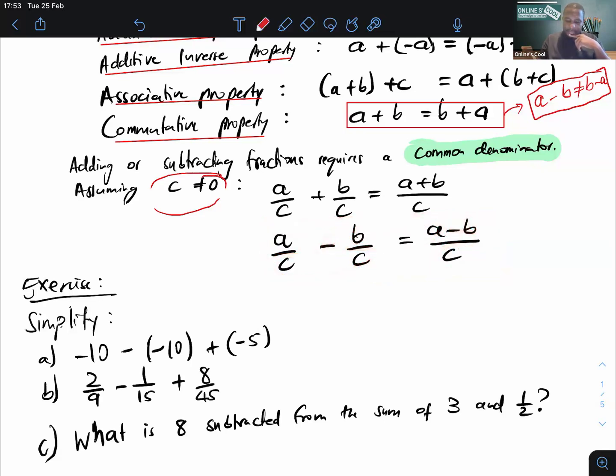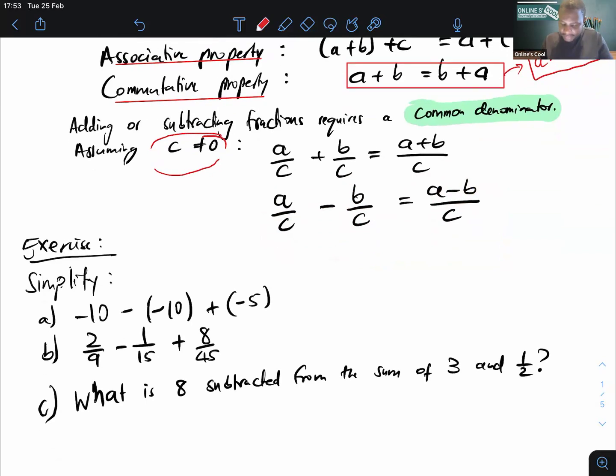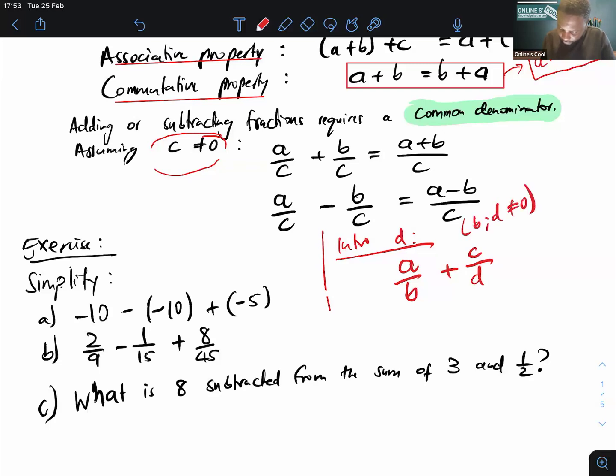Now, if I have an extra letter, let's say I've got an extra real number D. So I'm introducing D, and now I need to add A over B plus C over D, where B and D are not equal to 0.